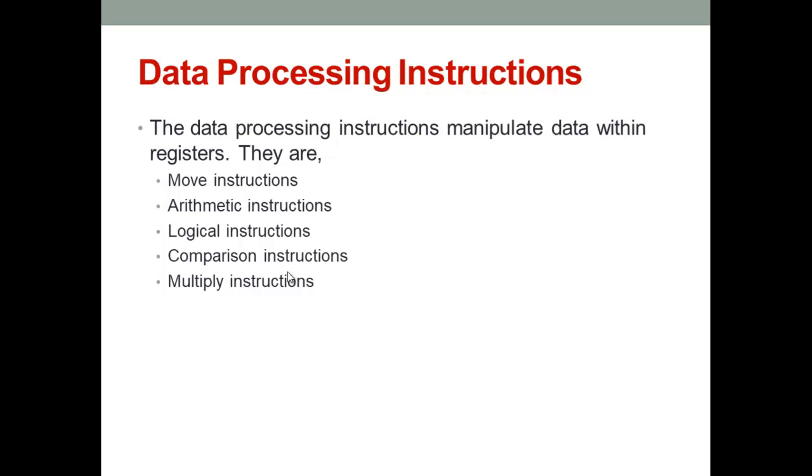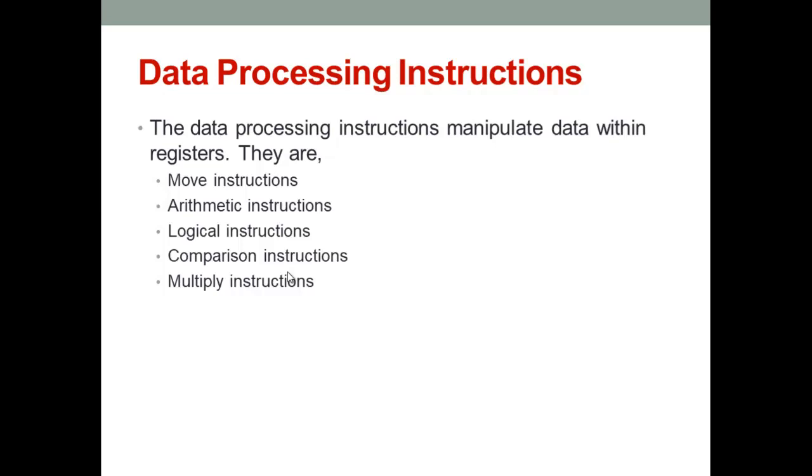So we have 16 registers in ARM architecture, from R0 to R15. R0 to R12 are primarily used as general purpose registers, and R13, 14, 15 are used for some special purposes.